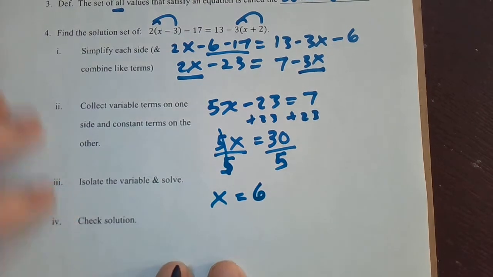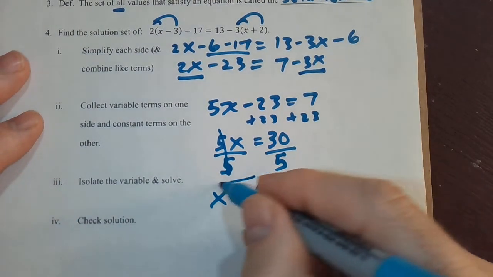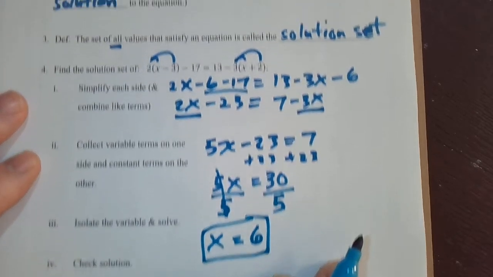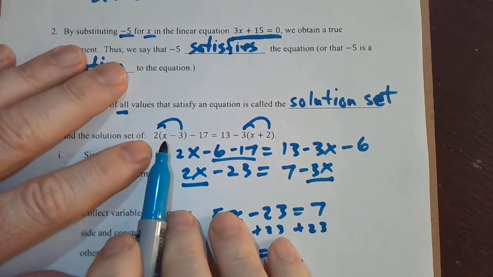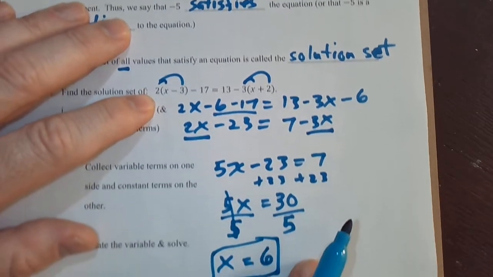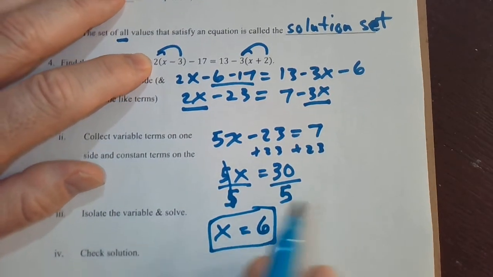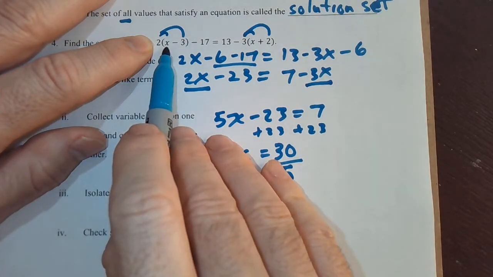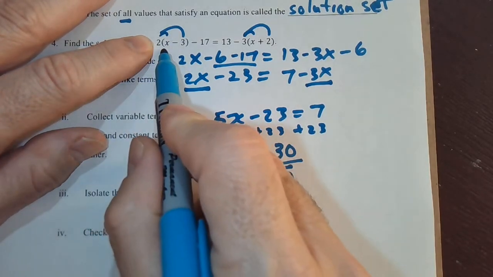And then you should always check the solution, which means take the value of x, which is 6, go back to the original equation, and maybe I will write it down here, since I don't have much room up here.